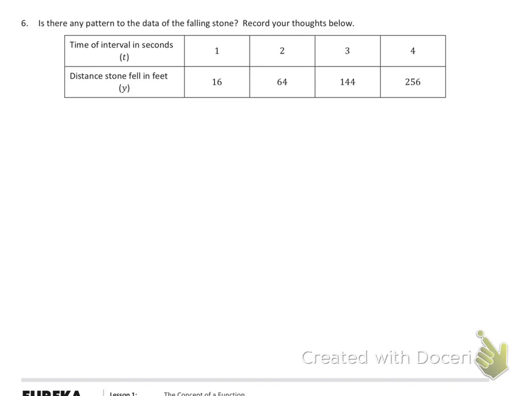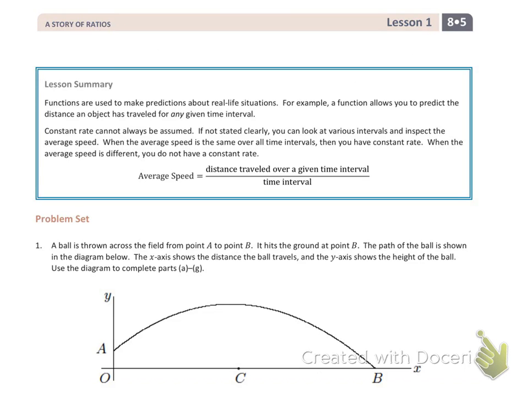Okay, so after you've done that, let's talk about the lesson summary. We have talked about the fact that functions can be used to predict real life situations, and that's exactly what they're for. Sometimes they are exact data, kind of what we saw in this lesson.